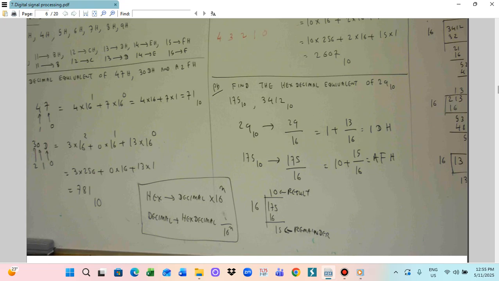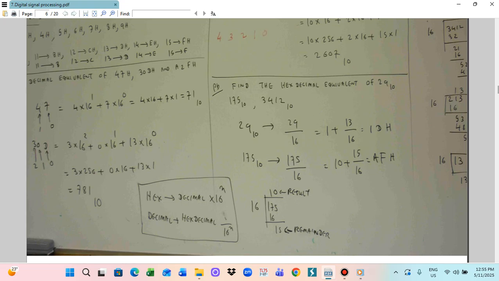Firstly you can solve it: 16 times 2 is 32, so that's 21, then 16 times 1 is 16, so this is 52, and 3 times 16 gives 48. So the remainder will be 4. So that's 213, remainder 4.